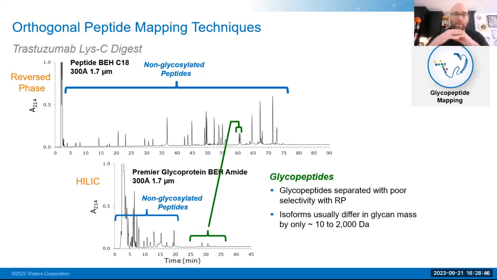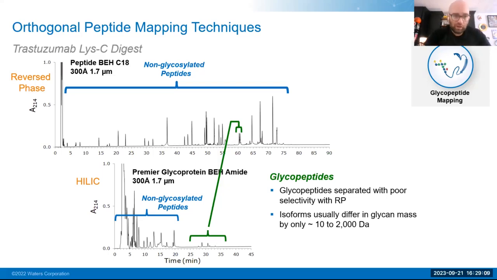But when we look at techniques like reverse phase that are typically used for peptide mapping, if we look where the green bracket is showing, unfortunately, we start to compress a lot of the glycosylated peptides, because the peptides themselves are driving the majority of the separation in a reverse phase technique.